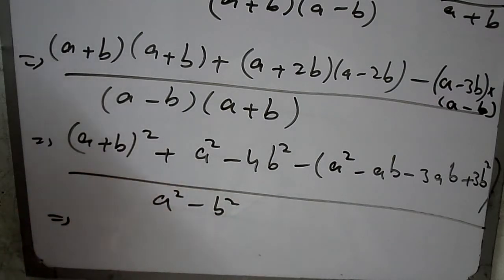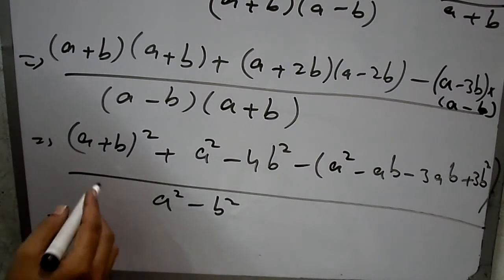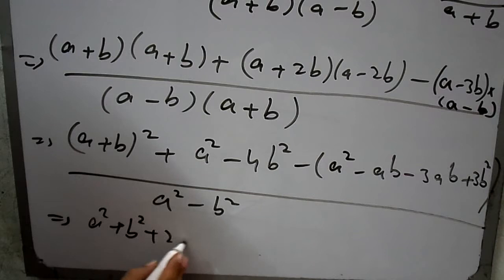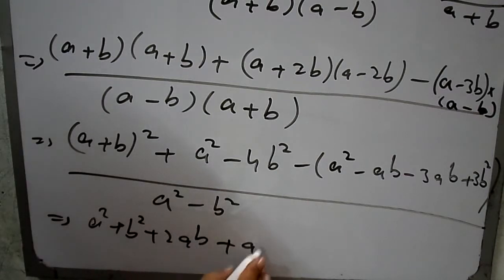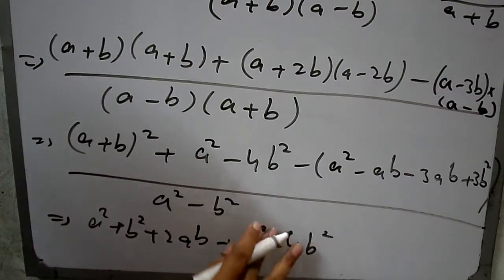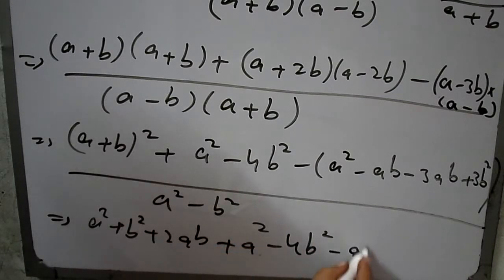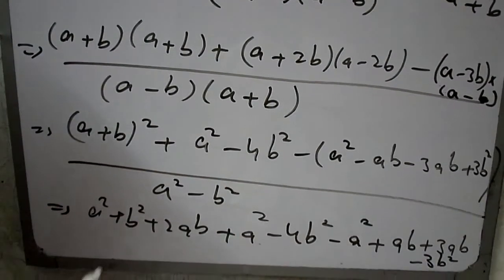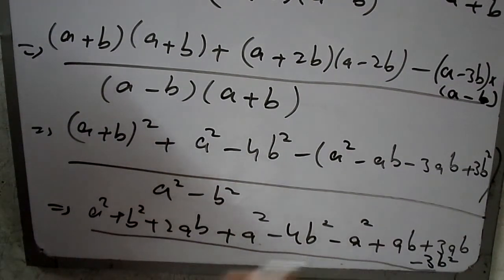So after simplification you can multiply this, that is a square plus b square plus 2ab plus a square minus 4b square minus a square plus ab plus 3ab minus 3b square divided by a square minus b square.